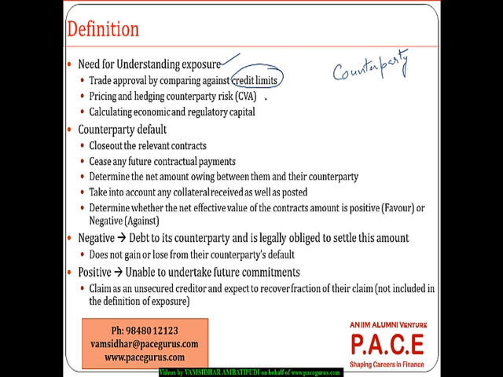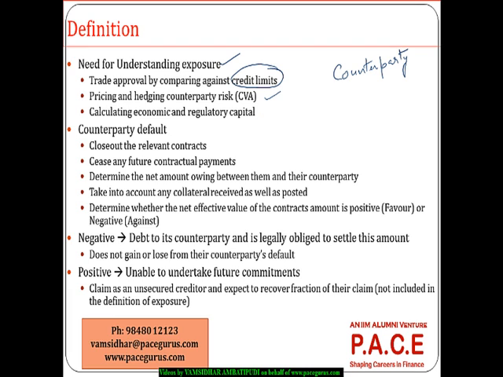And that is where we introduced an element called credit value adjustment, CVA, which is the price for the counterparty risk. So even if I have to compute that, I need to know how much the exposure is. So appropriate computation of the exposure is very much required.